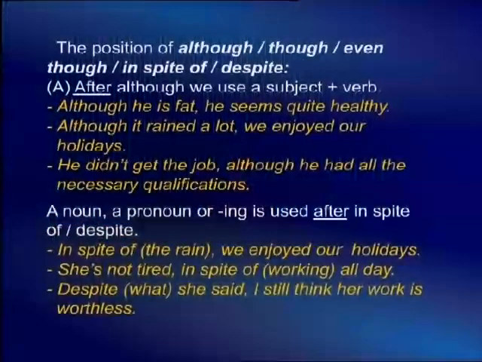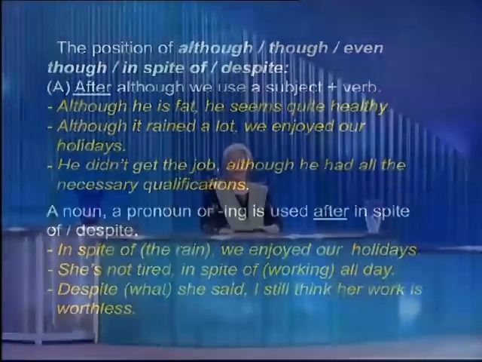Another sentence, although it rained a lot, we enjoyed our holidays. And although, as I said, is followed by a subject and a verb. Although it, subject, rained is the verb.